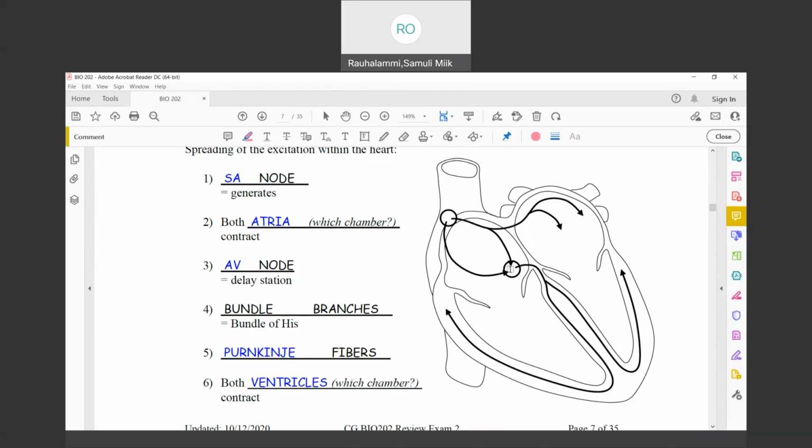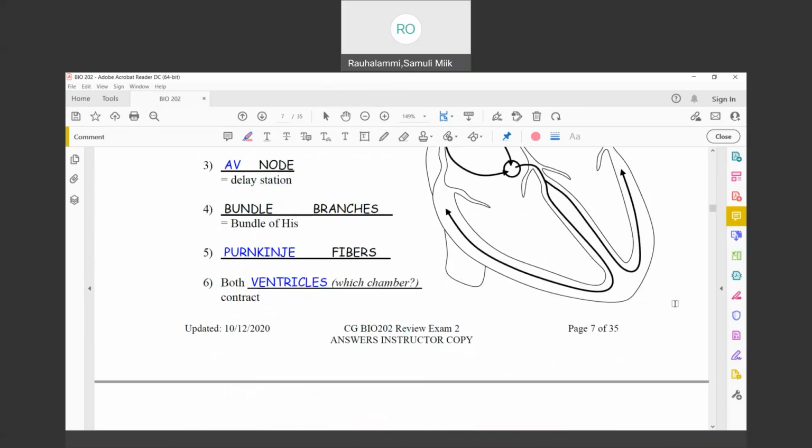After this delay has passed, the AV node lets the signal propagate further. The signal travels down the bundle branches and Purkinje fibers, and eventually, once it reaches the apex, back up the ventricular walls. As the ventricular walls receive this electrical signal, the ventricles contract and start squeezing the blood out of the heart. So I hope that makes sense.